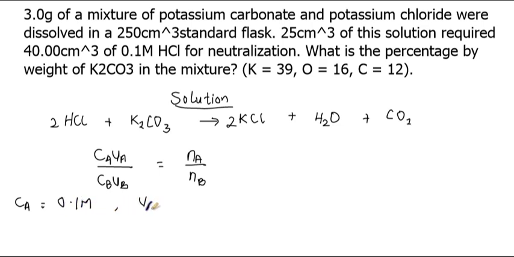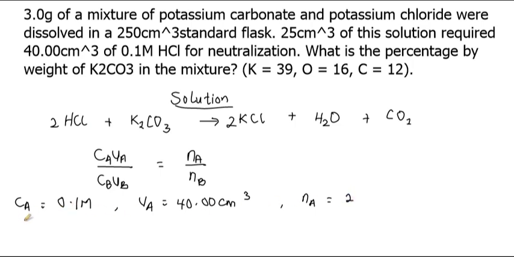Then Va, we have that to be 40.00 cm cube. Then Na, number of moles of the acid. So going back to the equation, we have Na to be 2, that is the coefficient of the acid present in the equation.